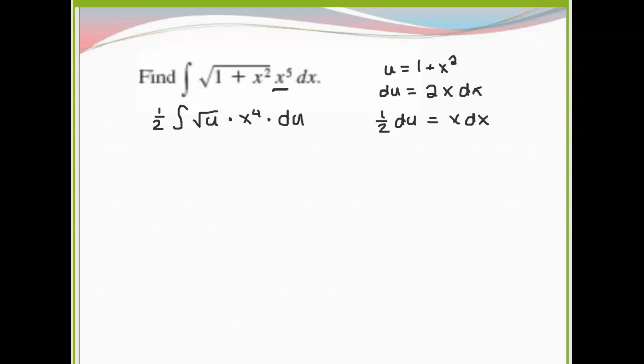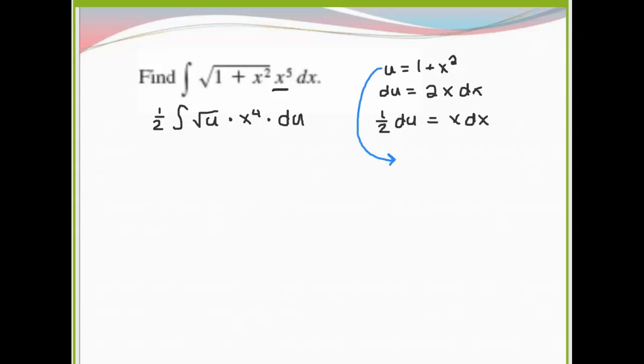Does anybody see a solution to get rid of x to the 4th? Remember, we're substituting. So, go ahead, Bethany, what was your thought? Would you rearrange the u? That's exactly what I would do.